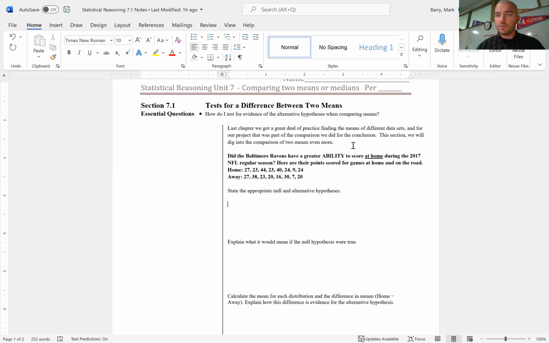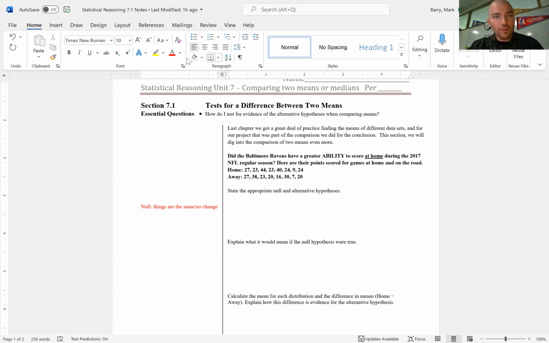So the first thing we want to do is state the appropriate null and alternative hypothesis. Now, remember on these ones, we always said that the null hypothesis is the one where whatever our comparison is, things are the same or no change. It's kind of the big idea for the null hypothesis. So they said here, did the Ravens have a greater ability to score at home?